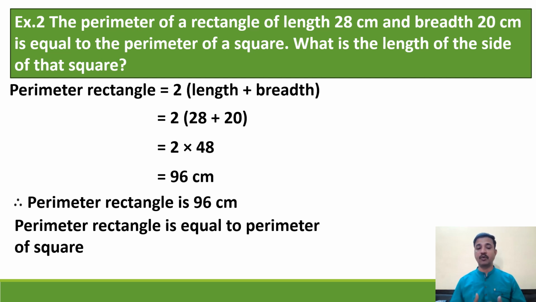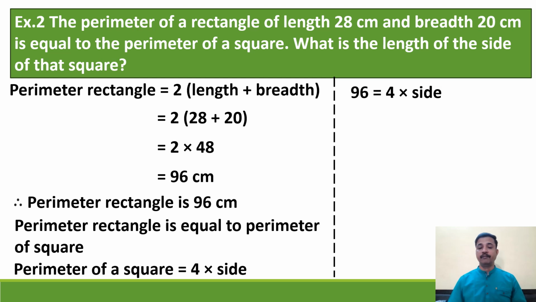चलिए फॉर्मूला कौन सा यूज करेंगे, perimeter of square equal to 4 multiply side. साइड हमें निकालनी है, perimeter of square is 96, so put the value: 96 equal to 4 multiply side.